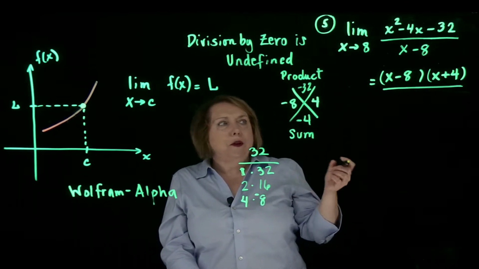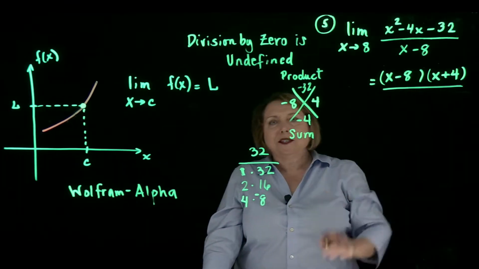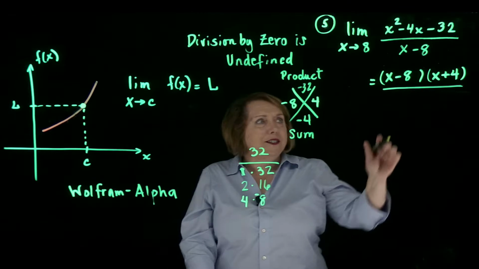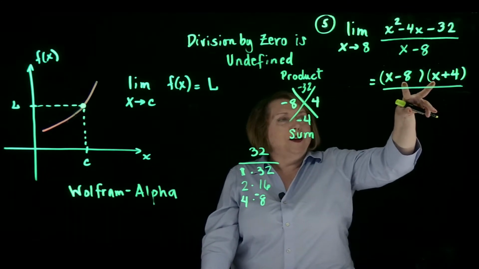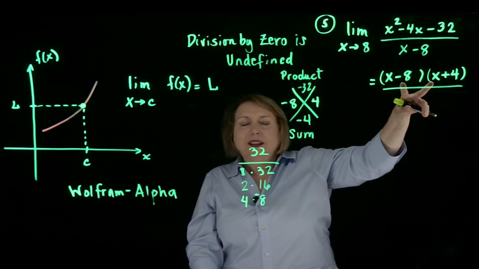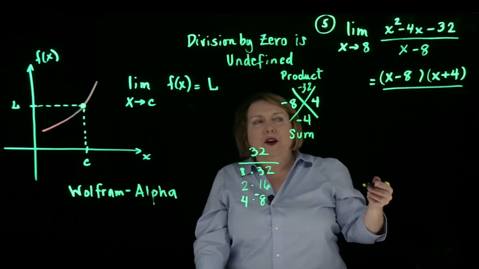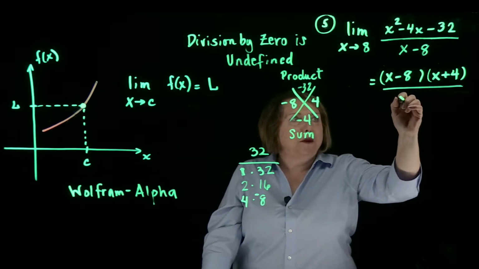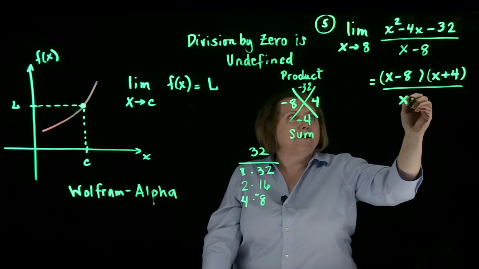Order doesn't matter when we multiply, but the order of the minus and the plus most definitely does matter, because the only way to get that middle term of negative 4 would be to have negative 8x plus a positive 4x if I were to FOIL this out. That would give me my correct binomial terms here.